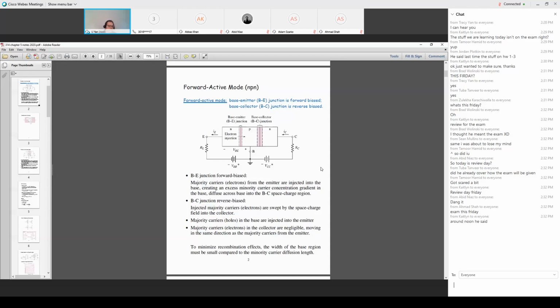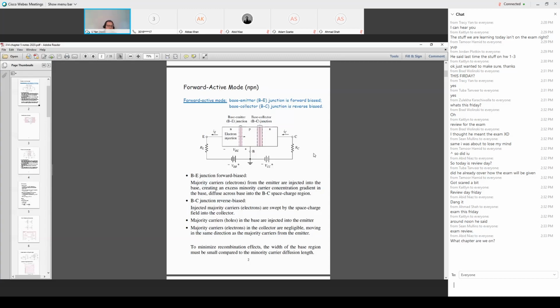There are two interfaces. One is between the emitter and the base on the left, and the second is on the right between the base and the collector. The most important operation region is what we call the forward active mode, and this is the illustration for the NPN bipolar junction transistor.